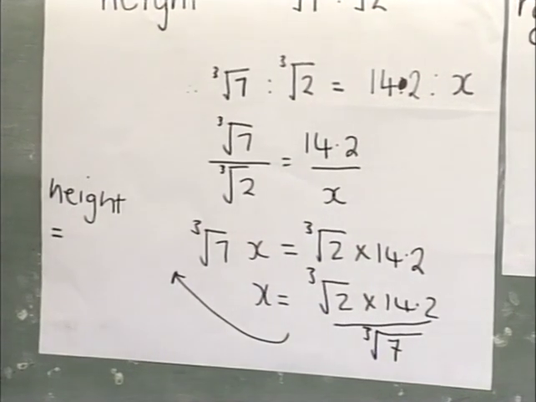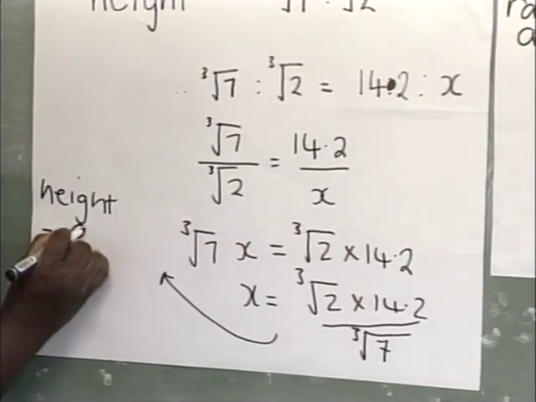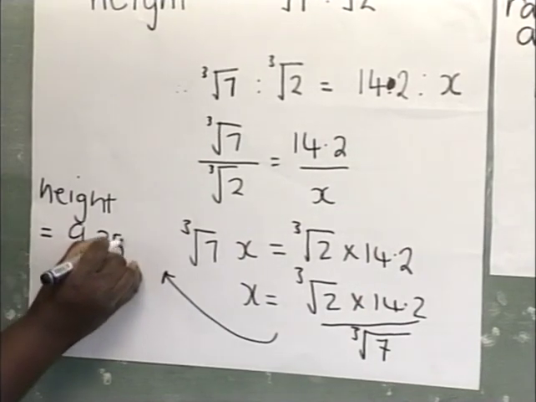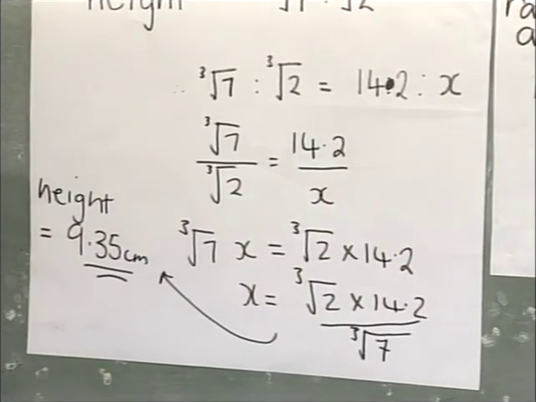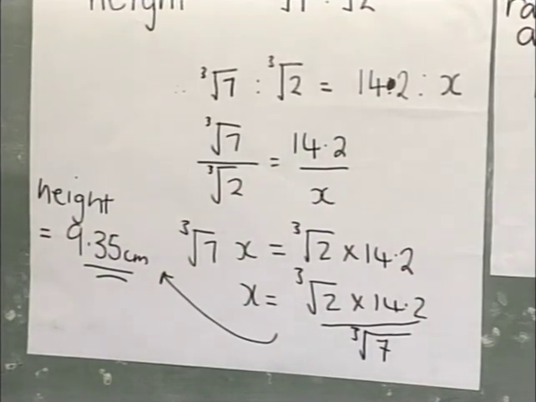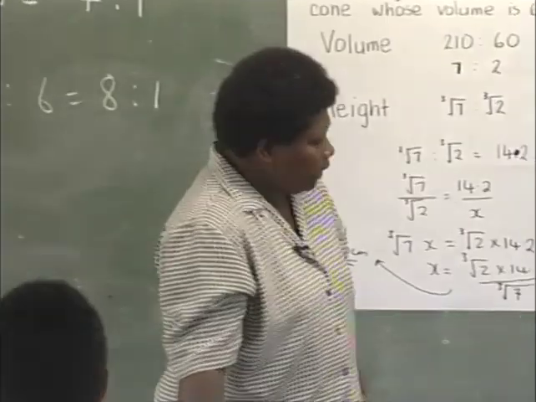Everyone got 9.35? Okay. All right, is that understood by everybody? Any questions? No? All right, you are going to start with question 1 and question 2.